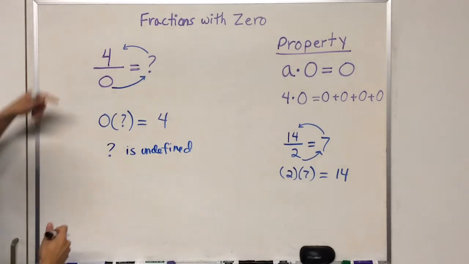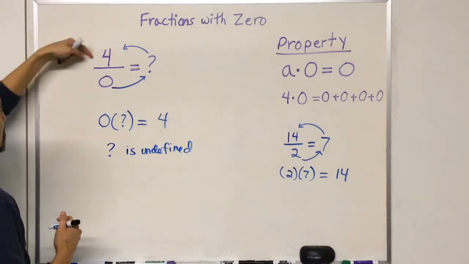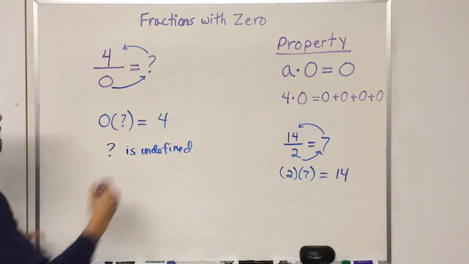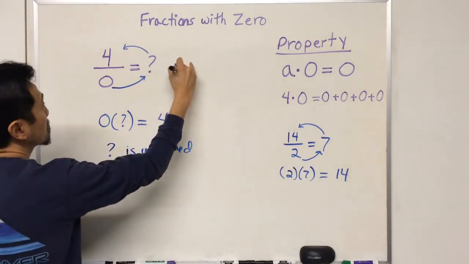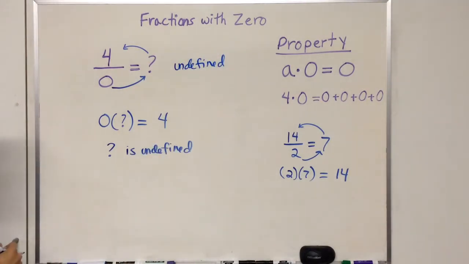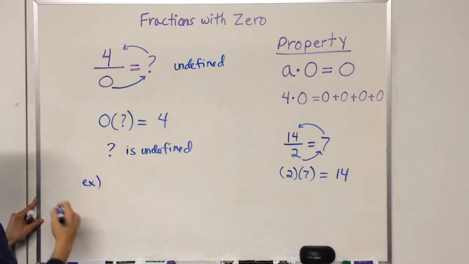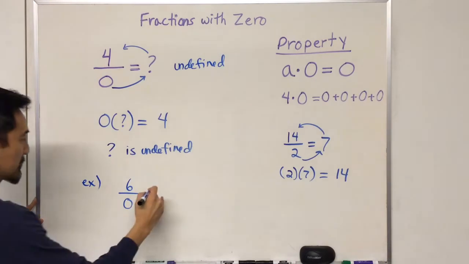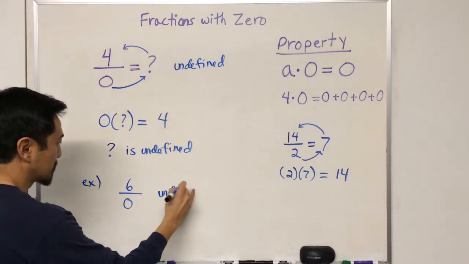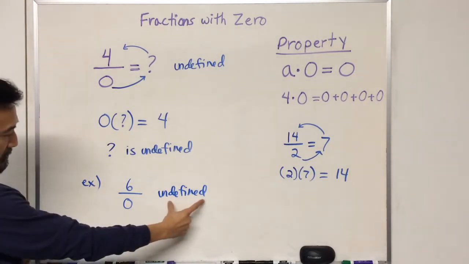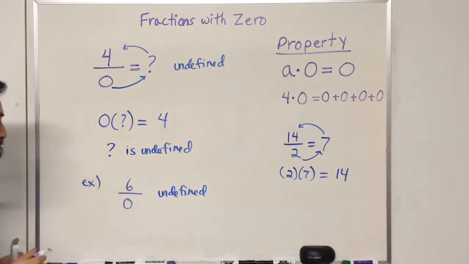There is no number that would satisfy this division problem here. Okay? So 4 divided by 0 is undefined. Okay? So using that in another example, if I had 6 divided by 0, we would say that this is undefined. Okay? There is no number that satisfies that division. Okay?